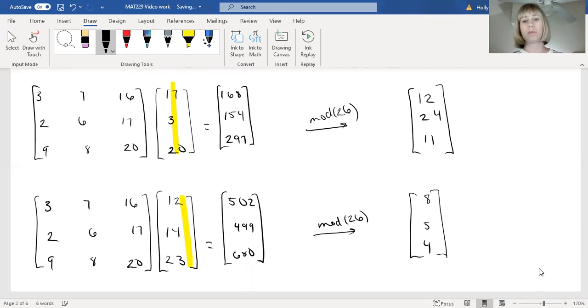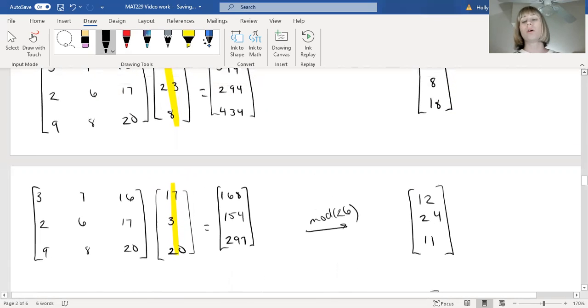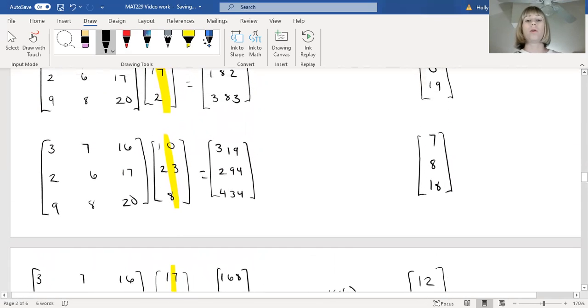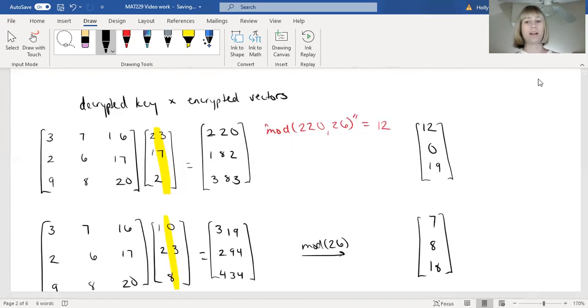Okay, so now that we did our mod 26, we finally have numbers back in the alphabet. We are so close to being done. The last step is just translating numbers into letters, which is just how they line up in the alphabet.